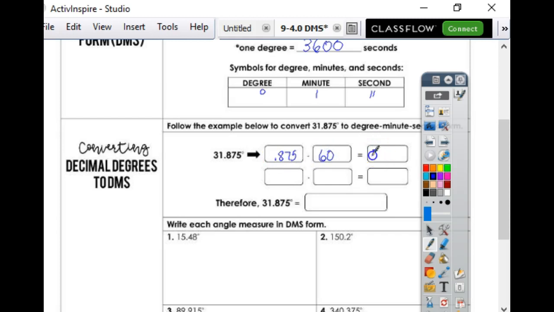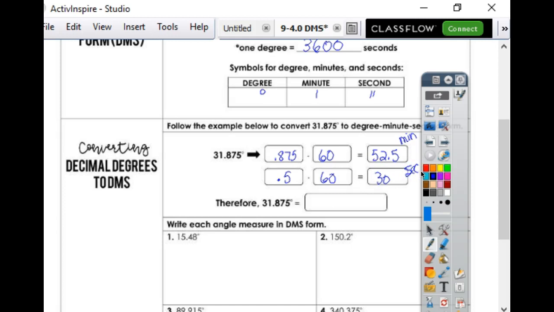I get 52.5, and that's minutes, so the 52 is minutes. But the 0.5, I multiply by 60 again, because that's going to give me seconds.